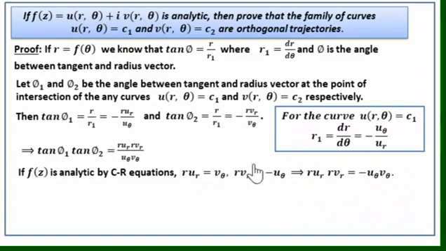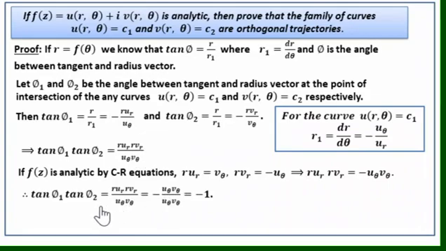Substitute this in the numerator. So we get tan φ1 into tan φ2 equal to r u_r r v_r by u_θ v_θ, which becomes minus u_θ v_θ by u_θ v_θ, that is minus 1.